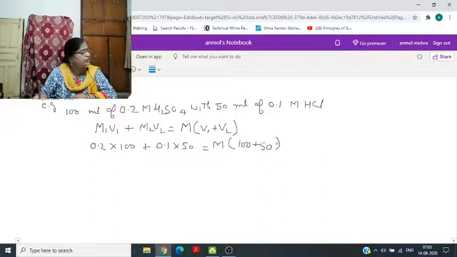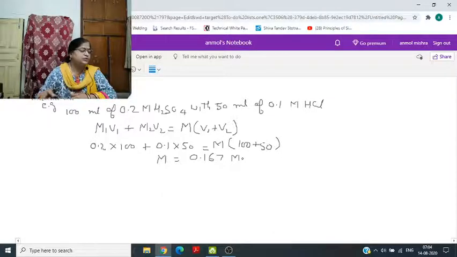When you calculate, you will get the result, 0.167 m. Calculate yourself, you will get the answer.